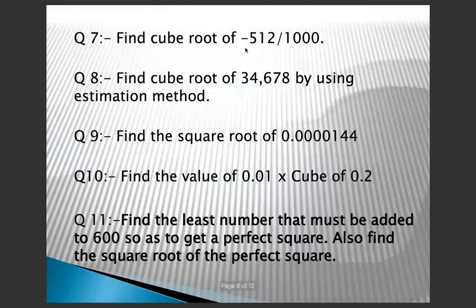Moving on with the next question, which is: find the cube root of minus 512 upon 1000. So we know the cube root of 512 is 8, and when the minus sign is given, that becomes minus 8 upon 10, because we have to find the cube root of 1000 as well, and the cube root of 1000 is 10.